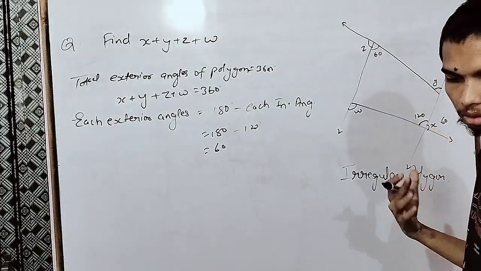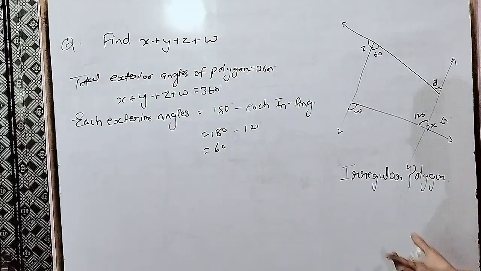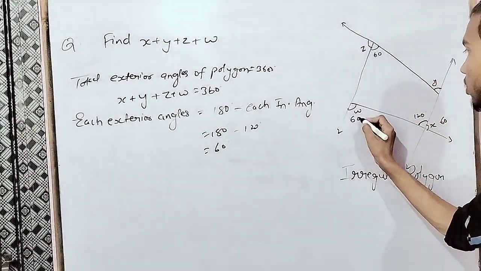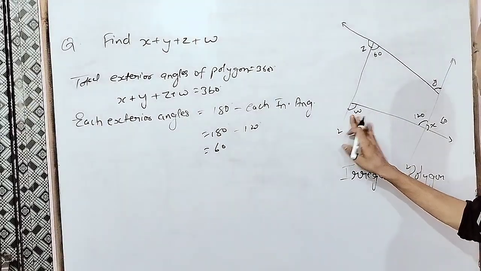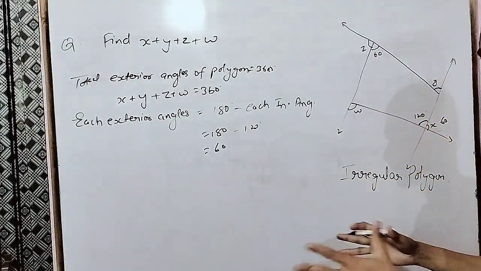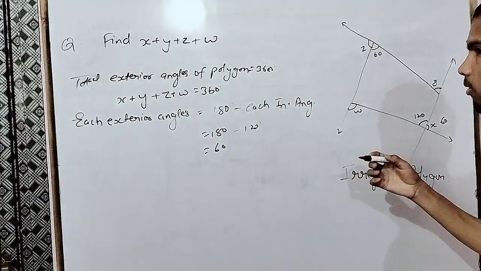We can observe vertical opposite angles, alternate interior angles, and exterior angles. So here this is 60. Here the sum of co-interior angles is 180.